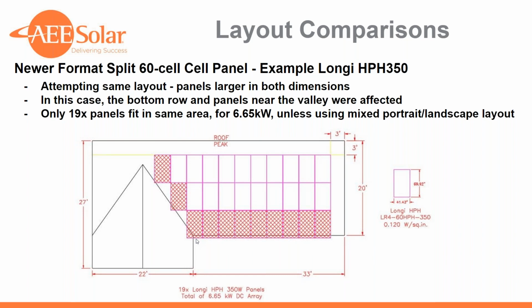With the same roof and the same setbacks, we're only able to squeeze in 6.65 kW. At this point you'd have some options: use a landscape layout, or consider using some of this gable here on what we'll call the western face. But that comes with costs as well. You're talking about additional conduit, supports, possibly another junction box. So those are the trade-offs.